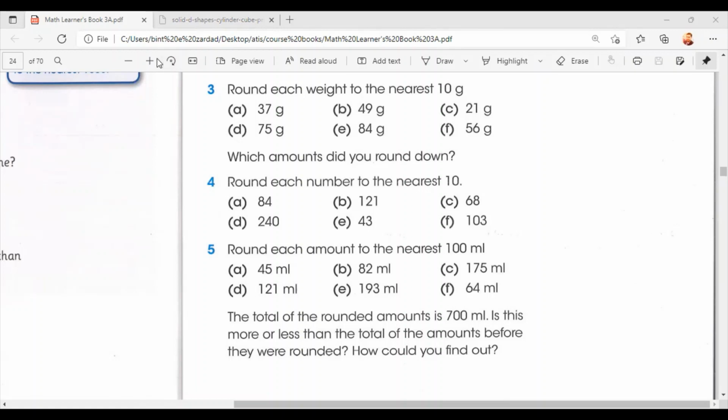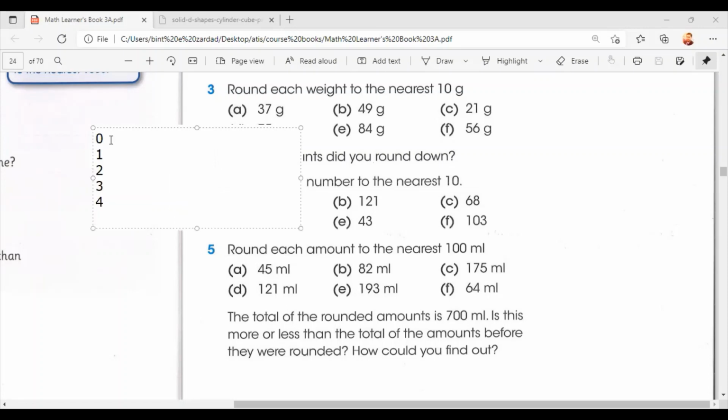And for the tens digit, I told you if the number is less than 5, I told you 0, 1, 2, 3, and 4, so we are choosing the small option. But if you are finding the nearest 100, this is not the same. So we have less than 50.